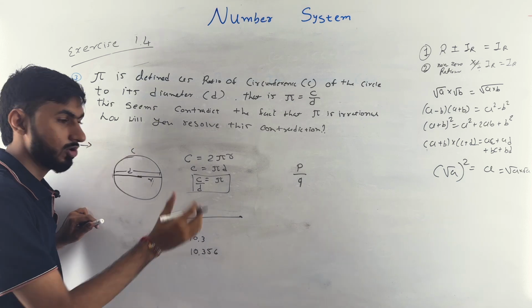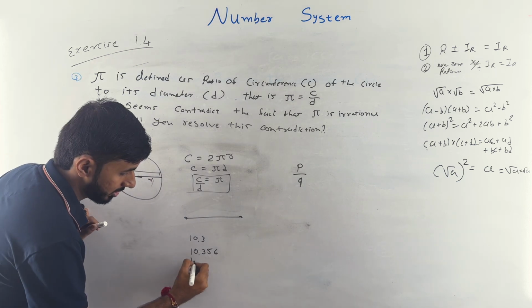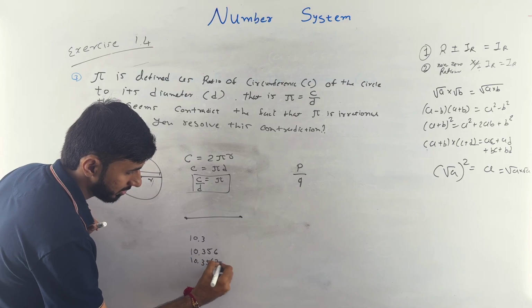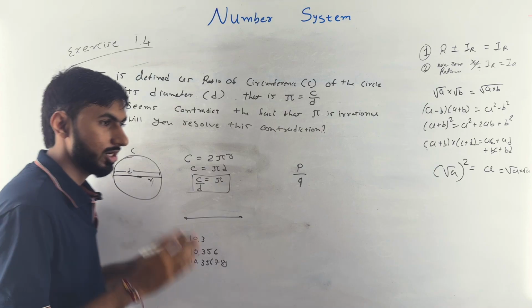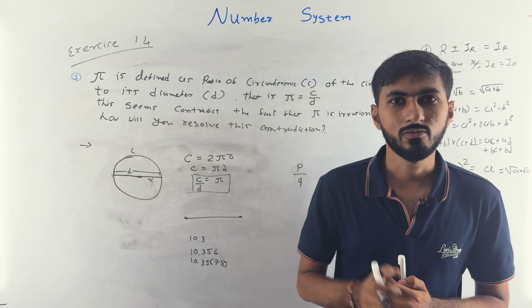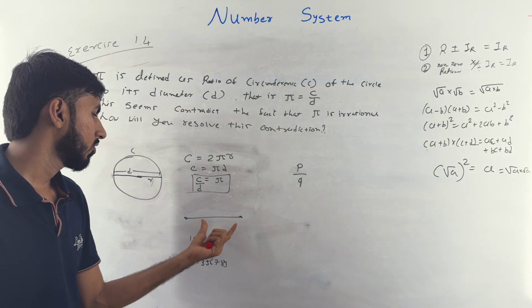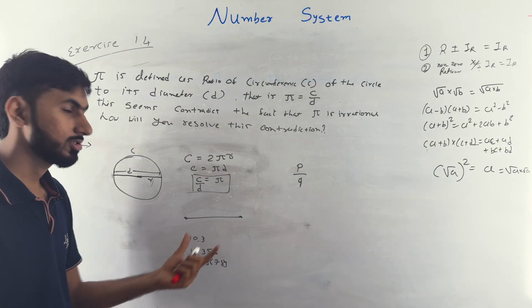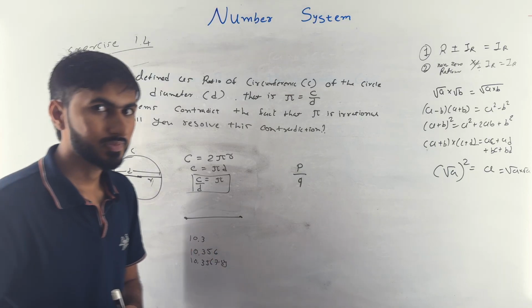If I use an even more precise digital device, the length can be 10.3567889, right? So in real life we cannot measure the exact value of a length, we only take an approximate value. So if I measure the length of this line segment, I can take the approximate value as 10.3.